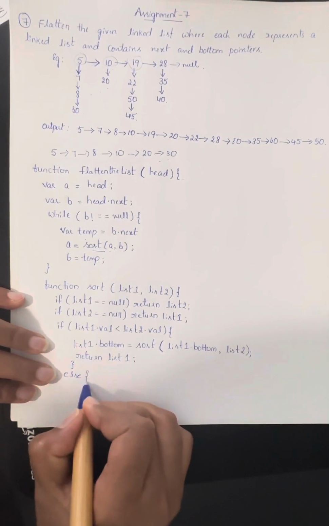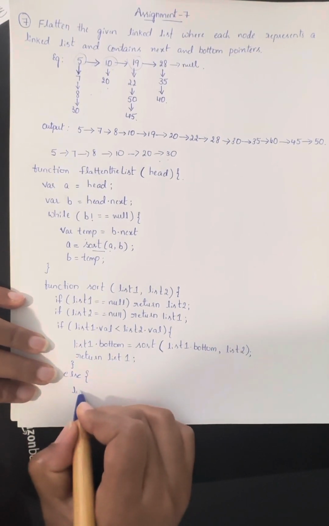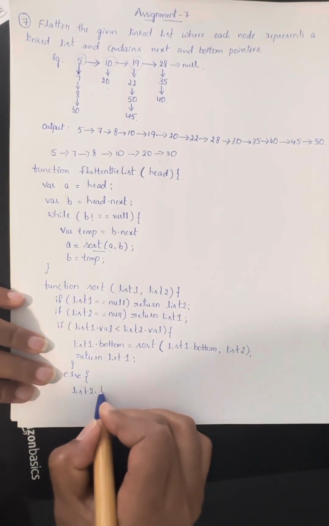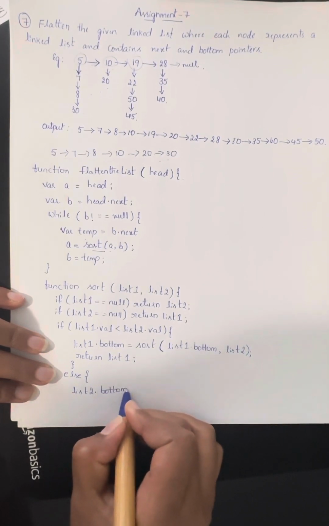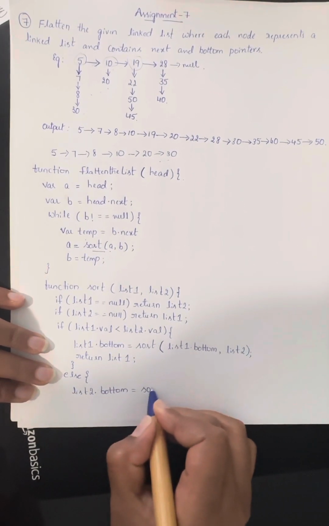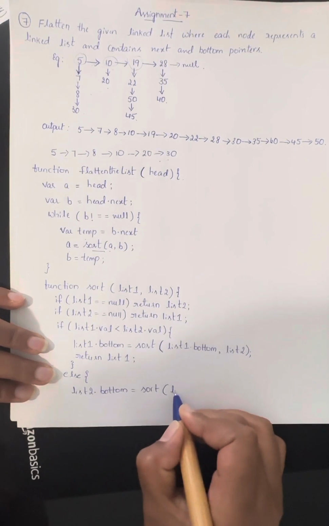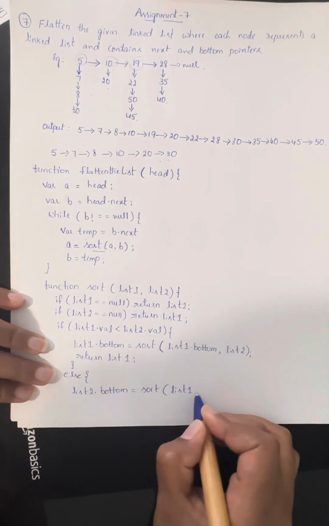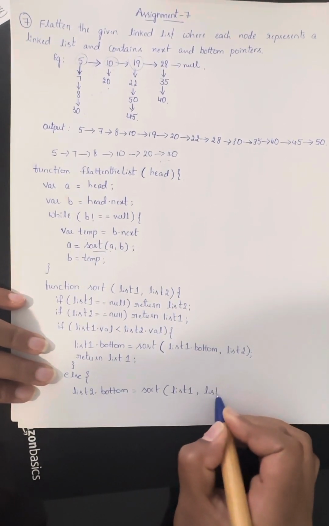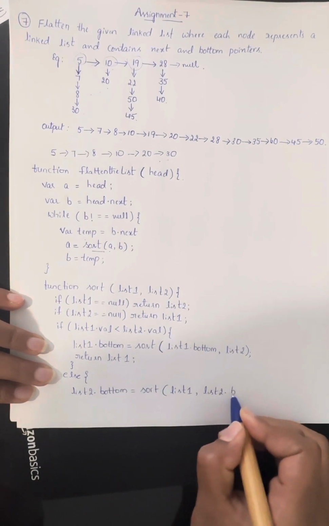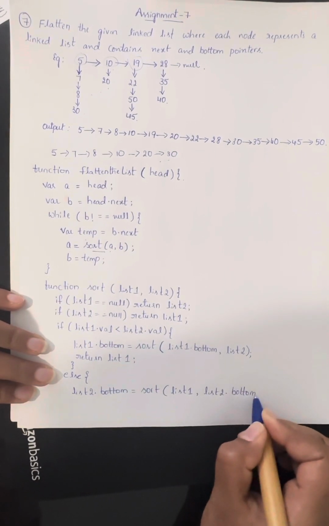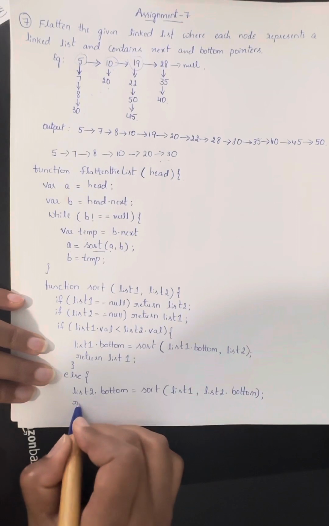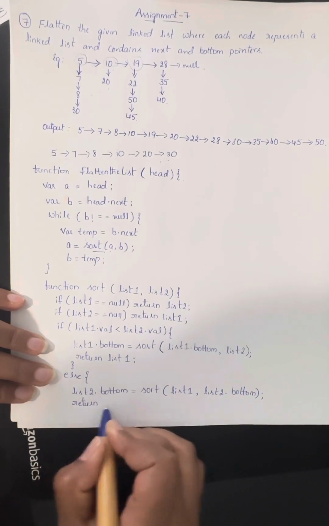Else, list2.bottom equals sort(list1, list2.bottom). Return list2.